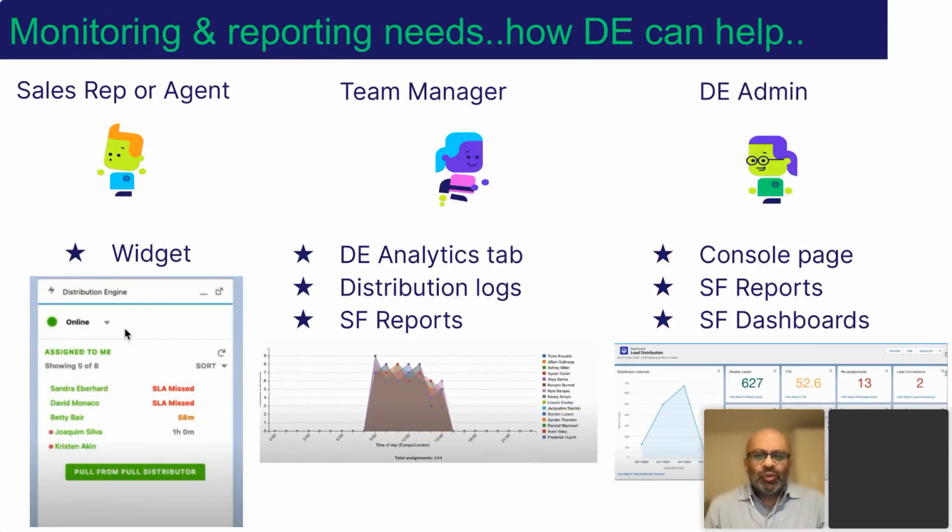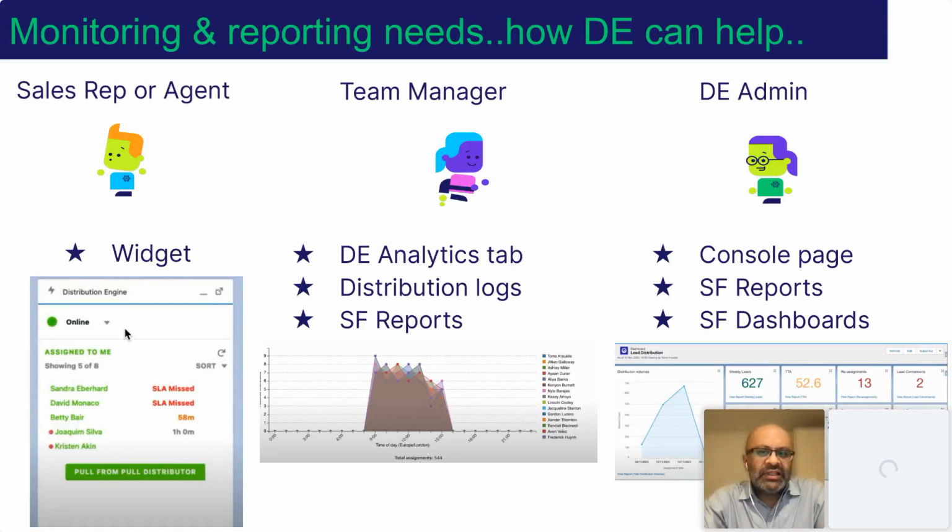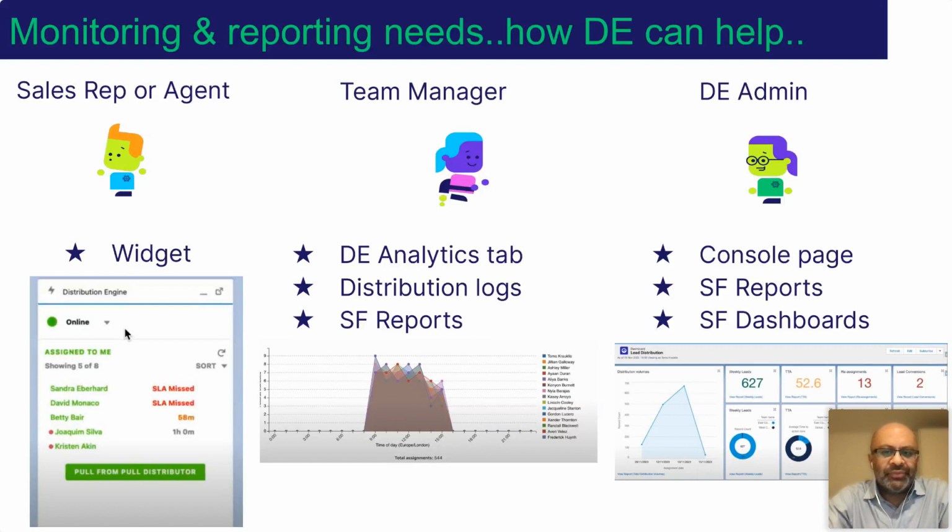So let's recap what we've learned today. So we explored how Distribution Engine enhances data insights. We showed you our widget and how this can help sales reps or service agents to prioritize tasks, manage their workload, and set their availability. We then showed you the out-of-the-box analytics available within the app and how your sales team managers can easily filter these for their reporting needs, access our distribution logs to keep track of assignments, and use our metrics to build their own customized reports.